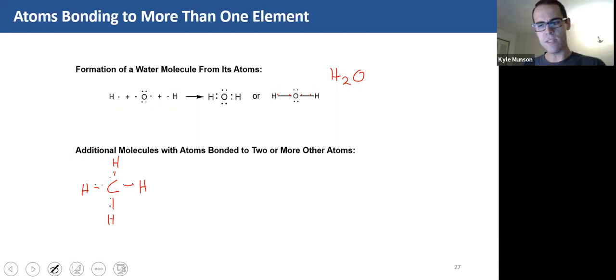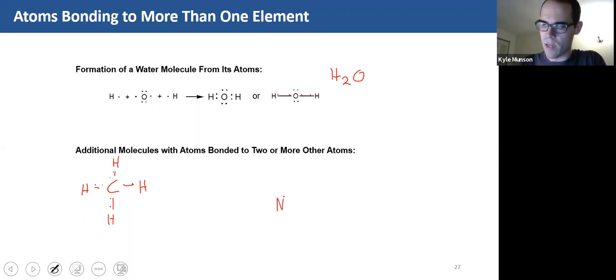And if you notice, the carbon atom has 8 electrons around it. That's that octet rule again. Same idea here with the oxygen atom, if you were to count up all of those electrons being shared and the lone pairs around the oxygen atom. So again, these were just examples of additional molecules with atoms bonded to 2 or more atoms.